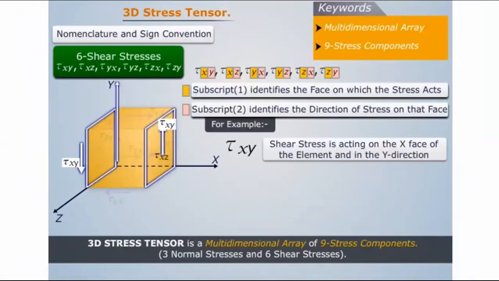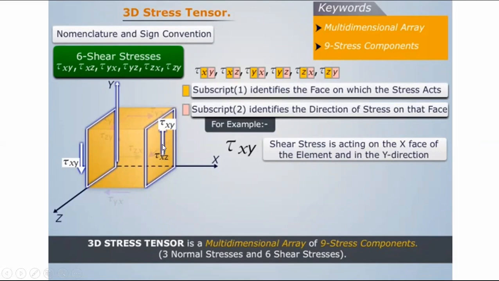Now, how are these shear stresses denoted? Tau xy is shear stress acting on the x face of the element and in the y direction. X face means this 1 and 2, that means perpendicular to the x-axis. That will be the x face, and in the direction of the y-axis, this one. Okay, this is the direction.